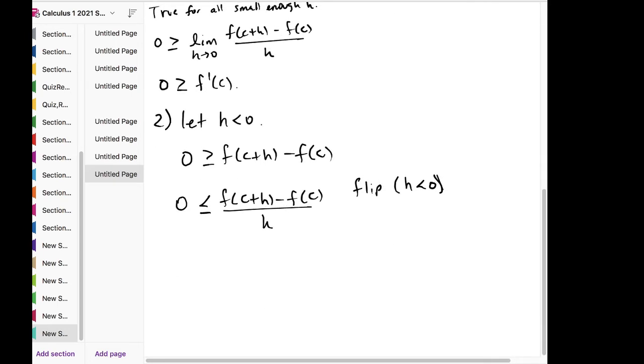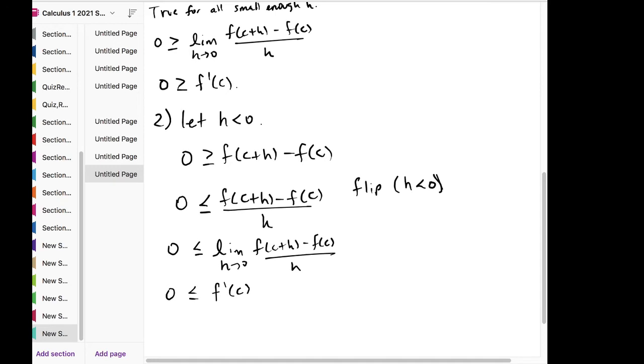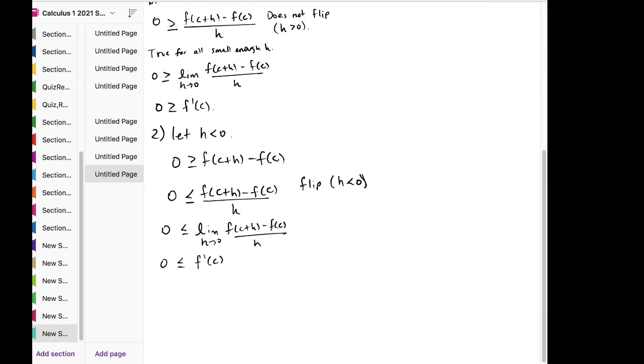Same thing, it's true for all h, so it's true for the limit. So 0 is less than or equal to f prime of c. Okay, what does that mean for f prime of c? So 0 is less than or equal to f prime of c, but f prime of c is less than or equal to 0.